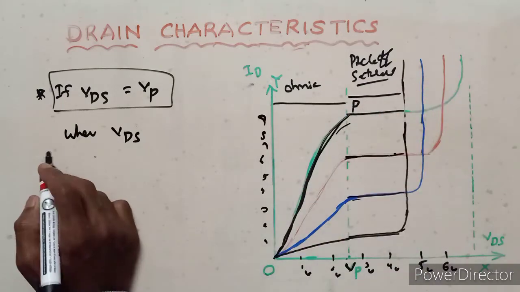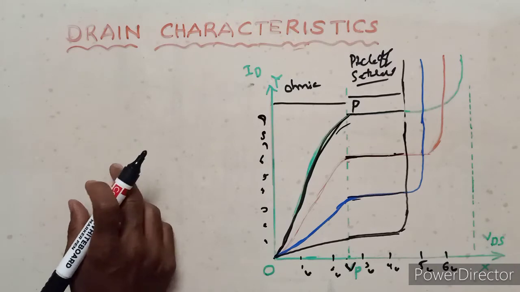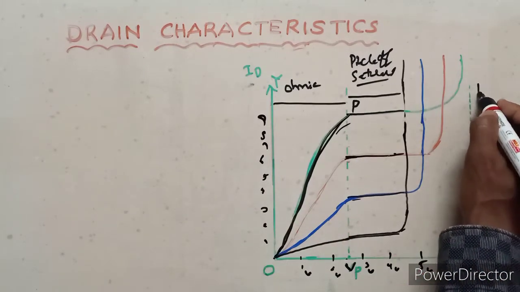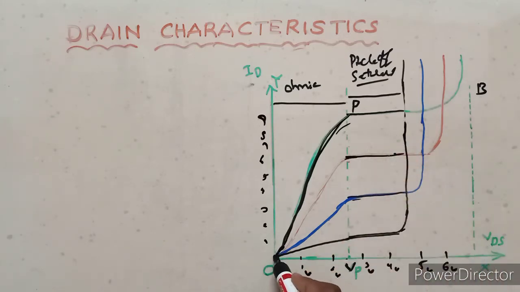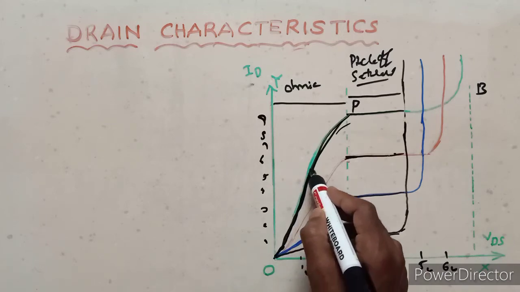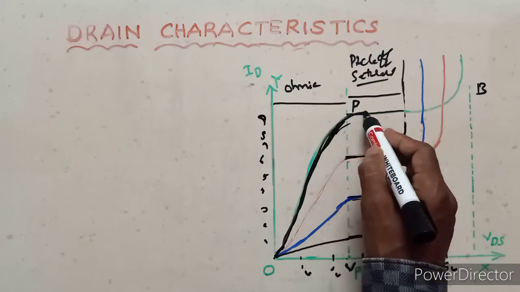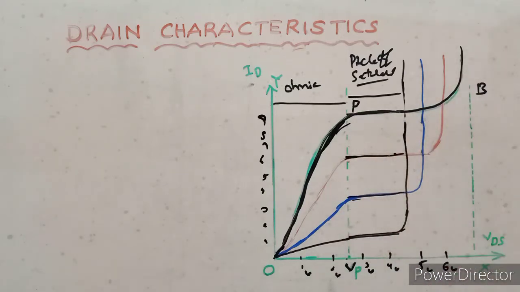Next, at a certain voltage corresponding to the point B, ID suddenly increases.